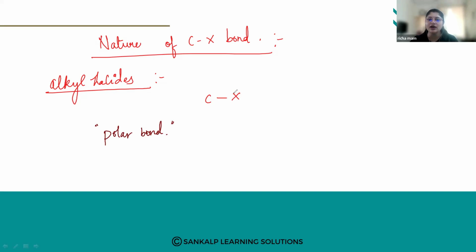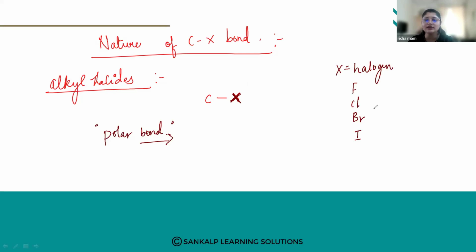Whenever an atom is more electronegative, this polar bond arises due to the presence of an atom which is more electronegative, or the polar bond arises due to the difference in electronegativity. Now, what is X? X is a halogen. What are the halogens? So fluorine, chlorine, bromine, iodine.